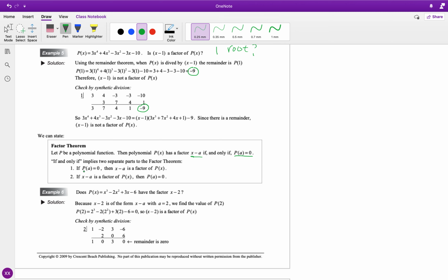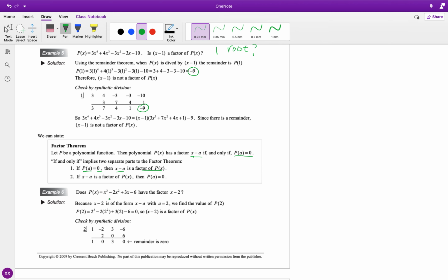That means if the remainder is 0, then that is a factor. Or if this is a factor, then P(a) is absolutely a 0. So if and only if means you can reverse the order of what you say. You can say this one first, and then this second. Both have to be true, and of course, obviously, both are true.